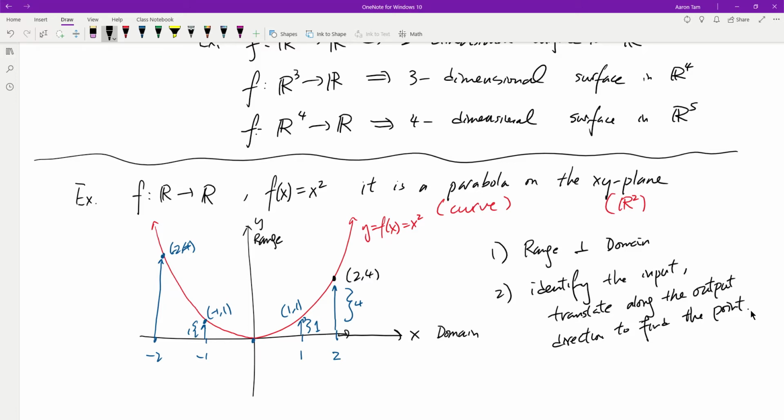So now it makes sense why our output is a curve. Essentially what we're doing is taking the entire domain, which is this horizontal line, and lifting it up to form this curve. So important to understand is that the image has the same dimension as the domain.